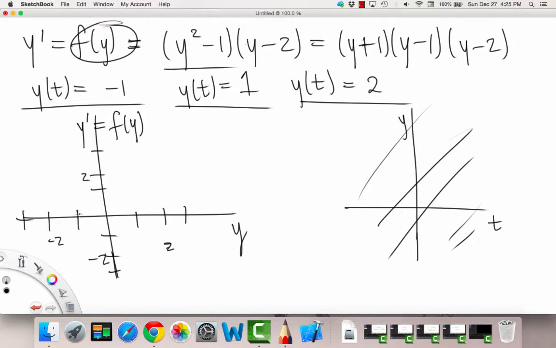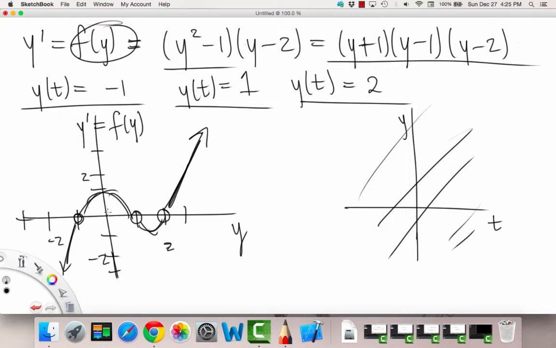At -1 we have a 0, at +1 we have a 0, at 2 we have a 0. And if we graph this function overall, our f of y, this is going to be a positive cubic, so it'll be like an S kind of thing. It'll go up, come down, and go back up. It crosses the y-axis 3 times because we have 3 roots here.